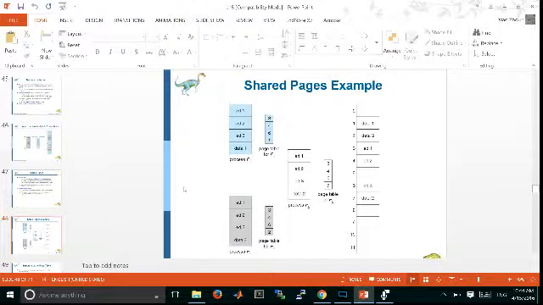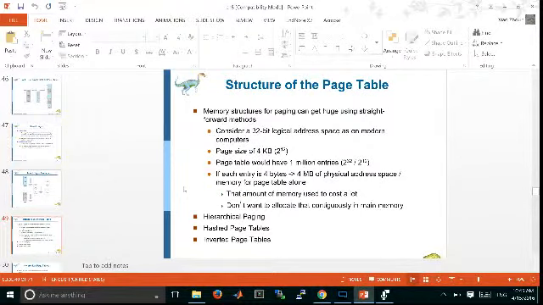Okay, so if you did any calculation in your head, which I haven't, but you thought about it a bit, you might realize that page tables for a modern operating system get really big.